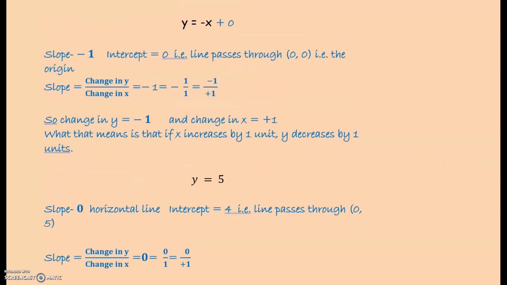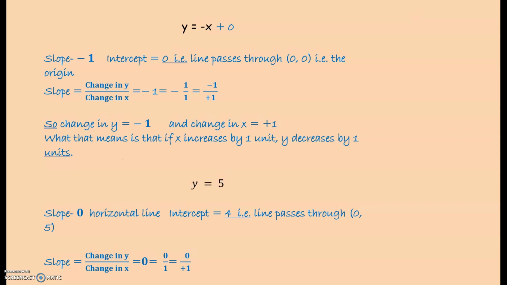Suppose the equation of the line is y equals negative x plus 0. Then the slope is equal to negative 1. So the line is y equals negative x, which is the same as y equals negative x plus 0, right?